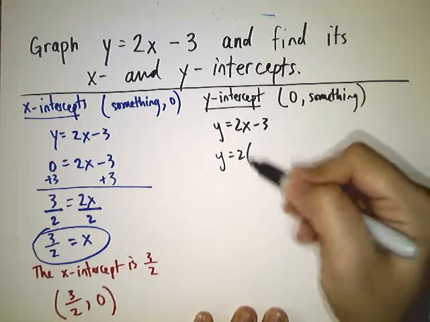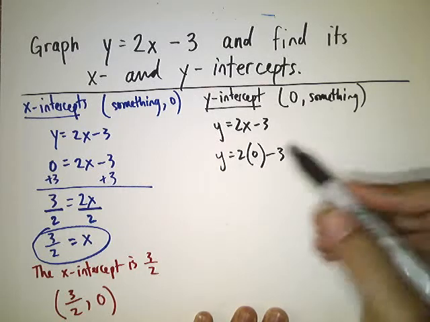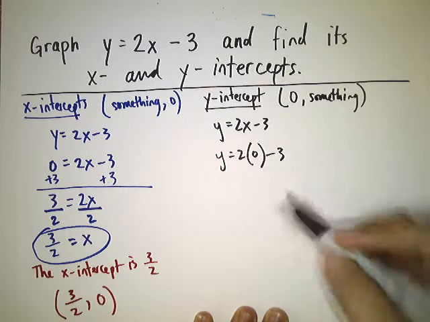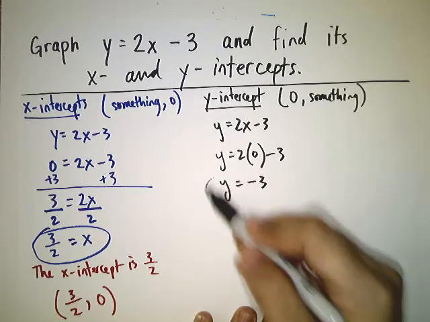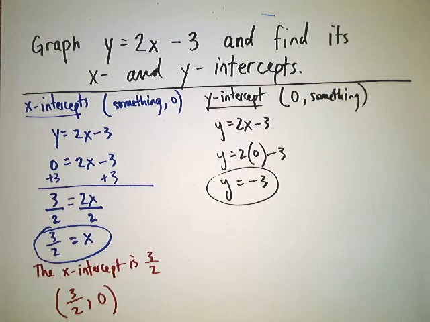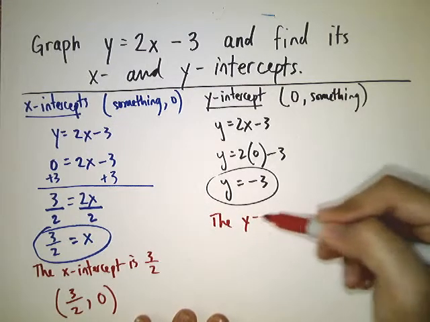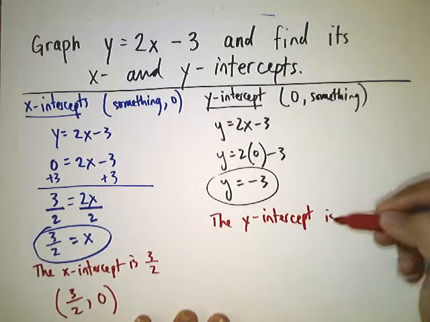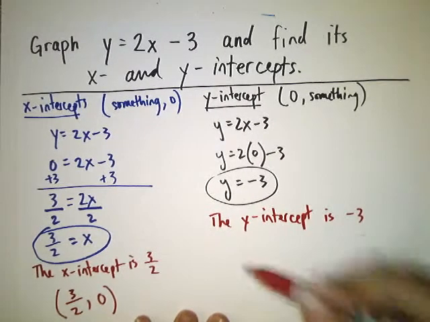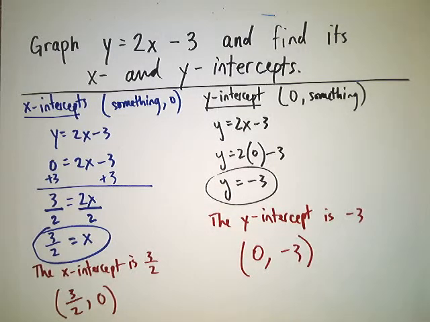So y equals 2 times 0 minus 3. 2 times 0 is 0, so y equals minus 3. So that means the y-intercept is negative 3, which means the point we'll plot is 0, negative 3.